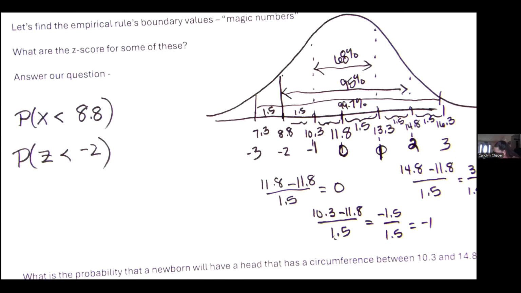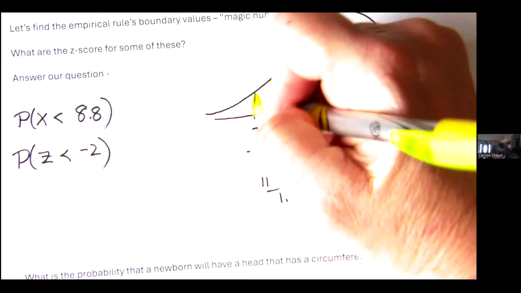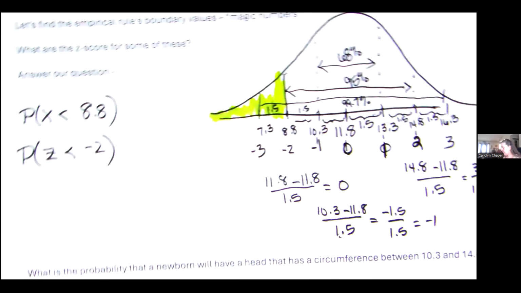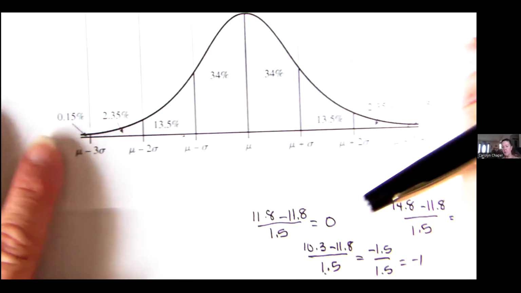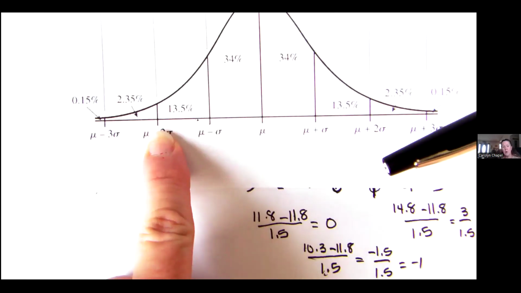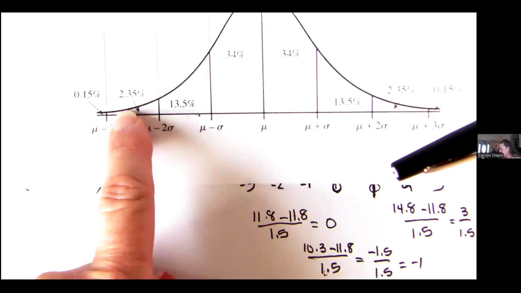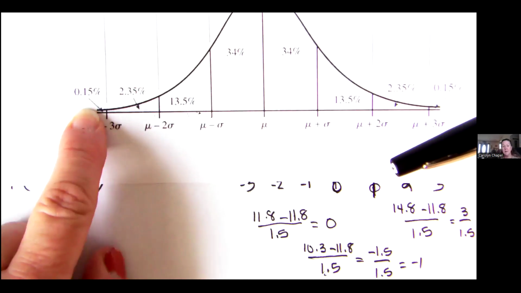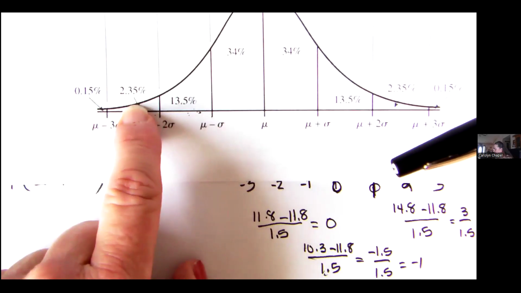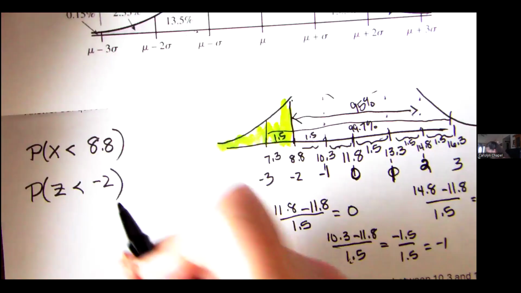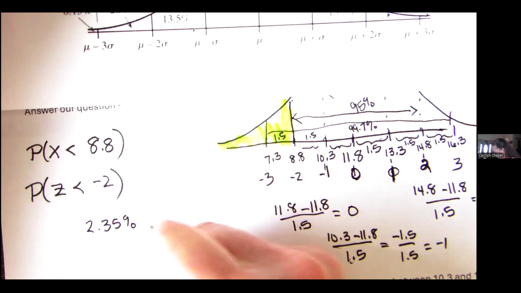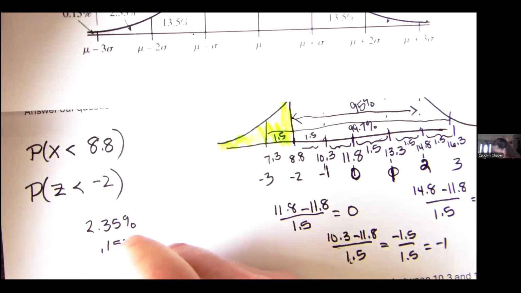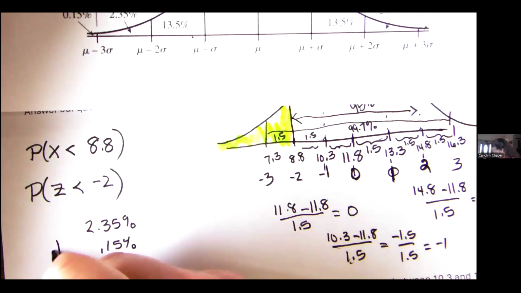Okay, so first of all, I'm going to highlight these pieces, and I'm going to look at my other curve here. So here's my two below right here. I'm looking at this piece and this piece. So I'm going to take those two pieces and add them together. I'm going to take that 2.35% and that 0.15%, and add them together.